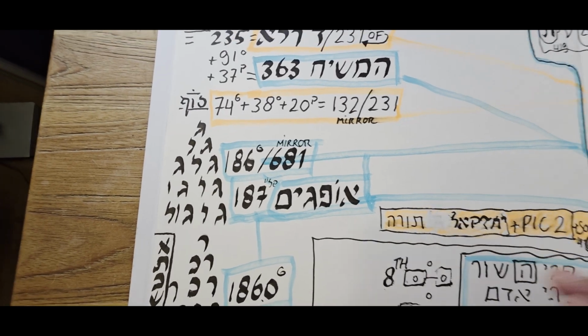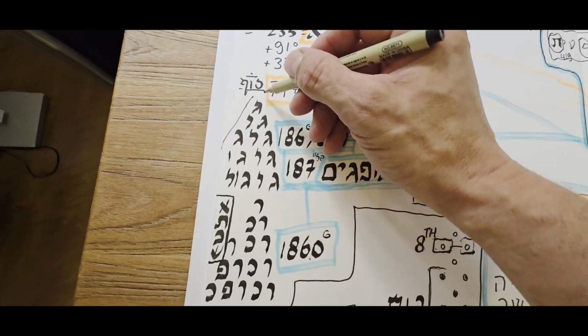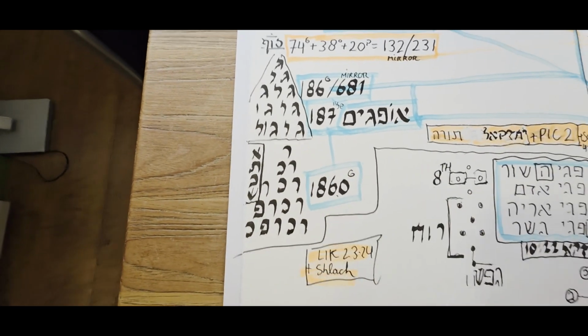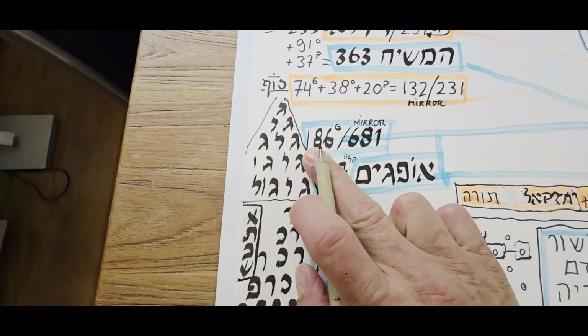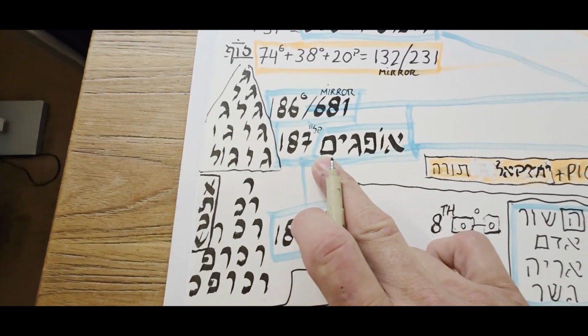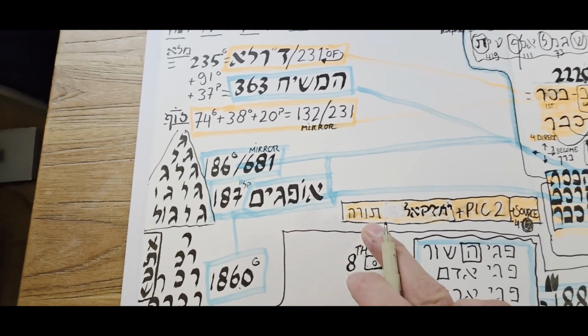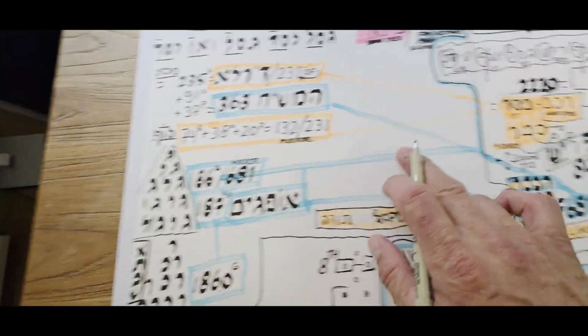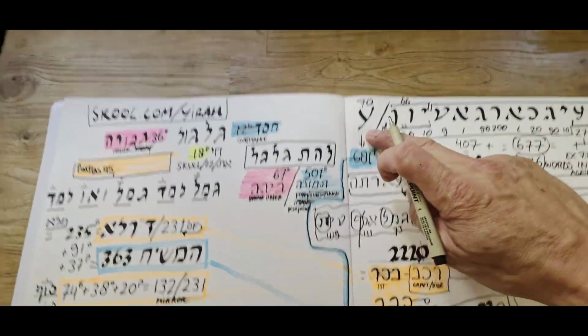Okay, the next thing I did was a triangular expansion. You can see there, triangular expansion has a value of 186. And 186 in Kollel is Ofanim. And we're almost ready to start reading the next source, but it's also the mirror of 681, which was found here.